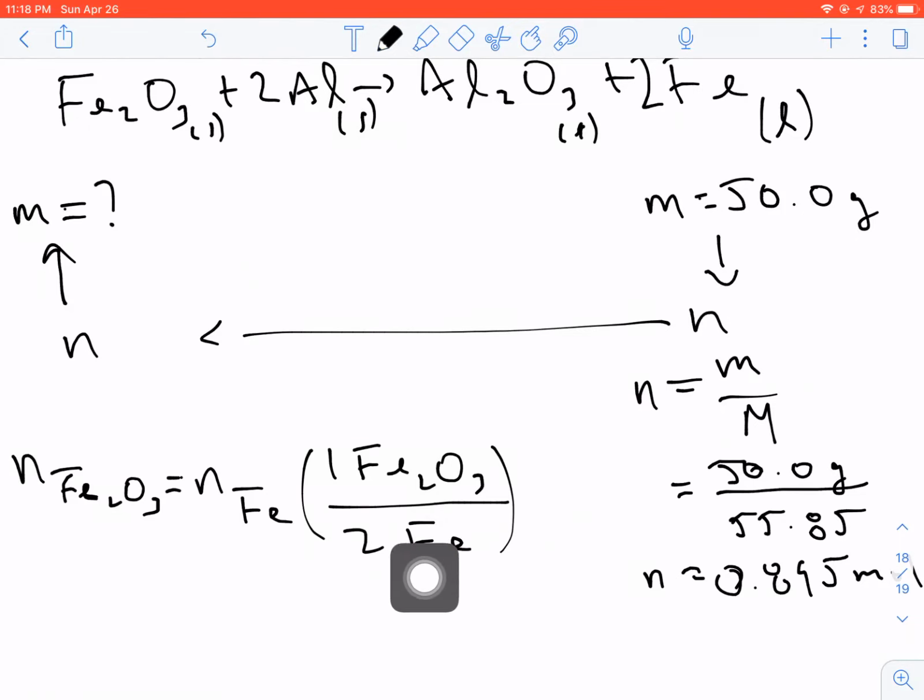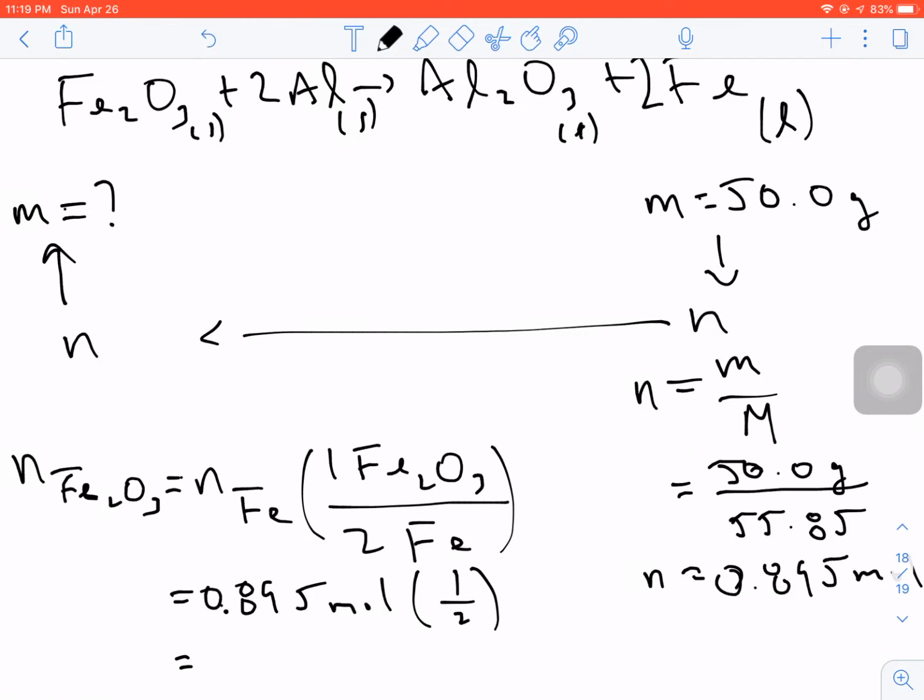Notice I put the iron down here in the denominator because I want it to cancel with the iron up here, and I want to be left with moles of Fe2O3. So let's put our numbers in. Number of moles of iron is 0.895 times 1 over 2. 0.450 moles.